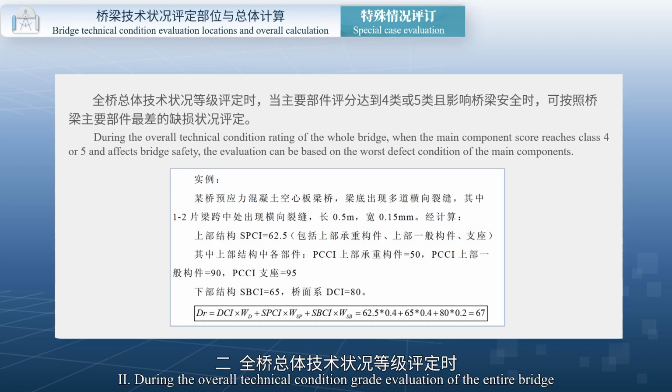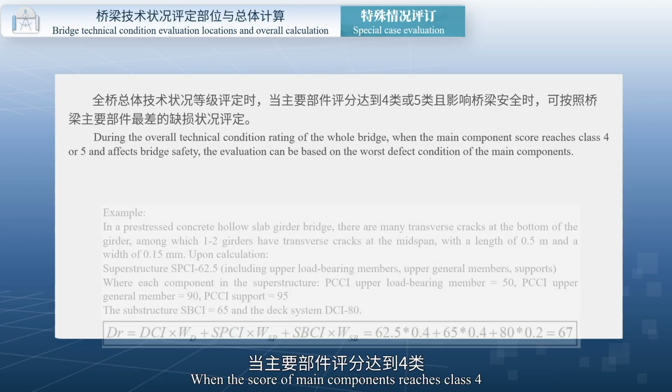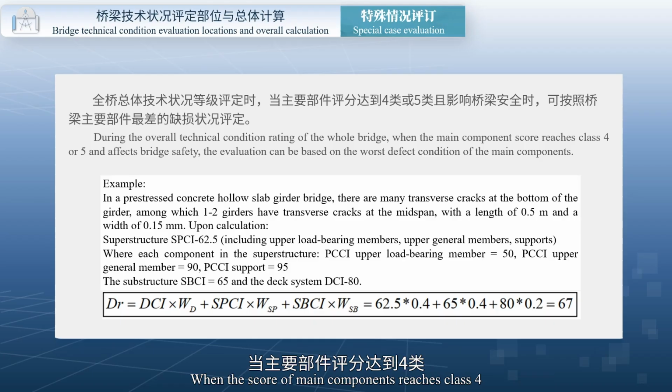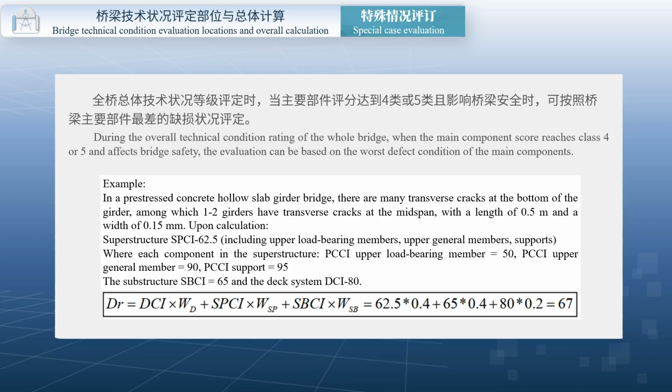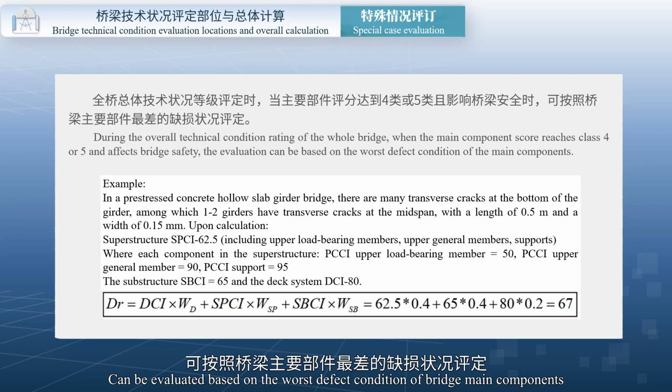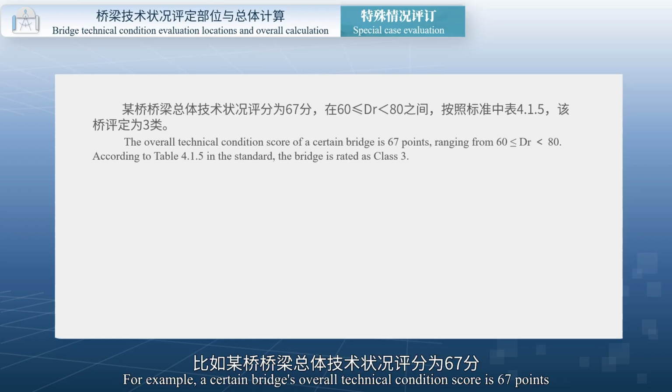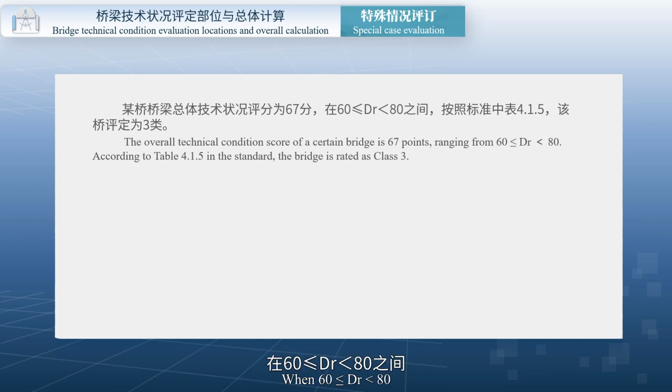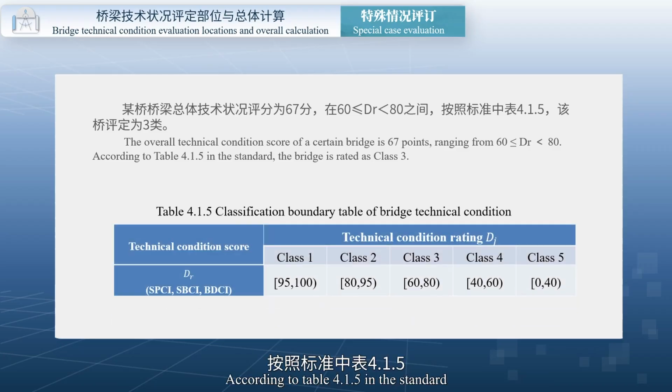Special case two: during the overall technical condition grade evaluation of the entire bridge, when the rating of main components reaches Class 4, or Class 5 and affects bridge safety, the bridge can be evaluated based on the worst defect condition of the main components. For example, a certain bridge's overall technical condition score is 67 points, where 60 ≤ Dr < 80. According to Table 4.15 in the standard, this bridge is evaluated as Class 3.